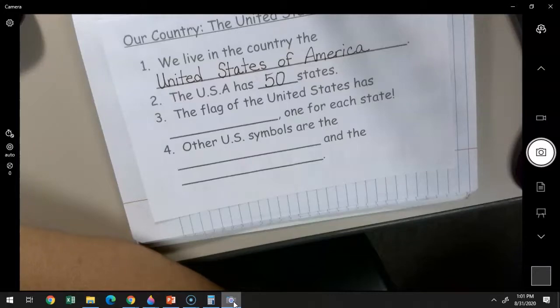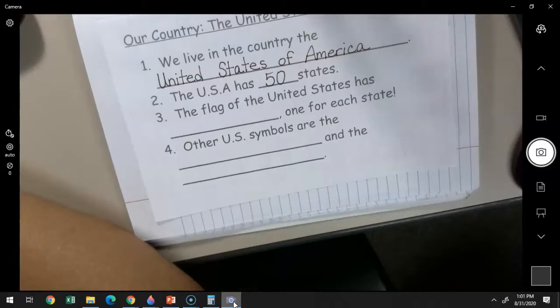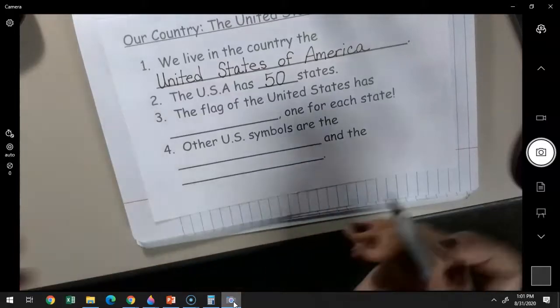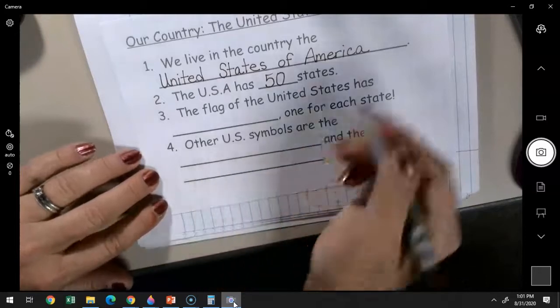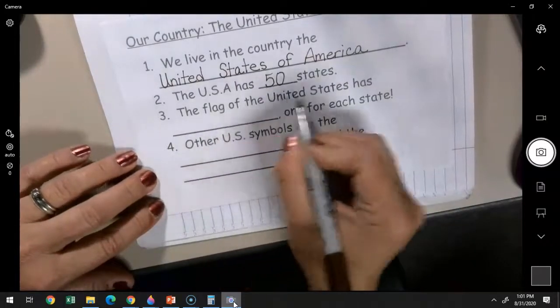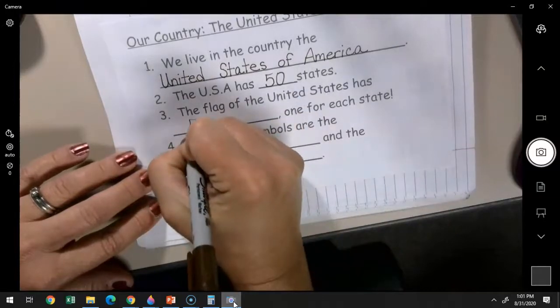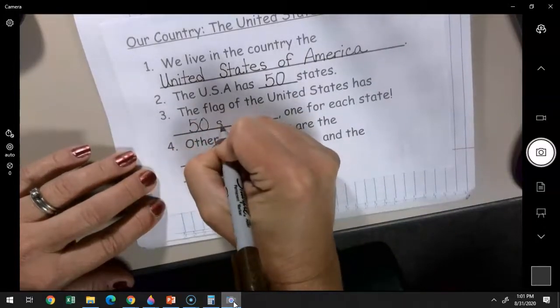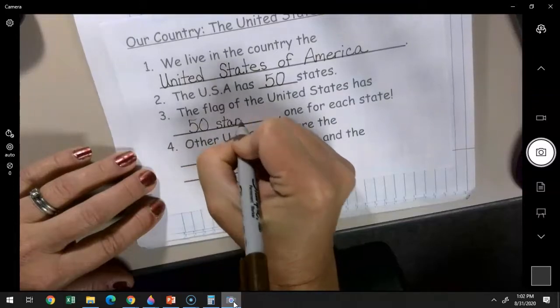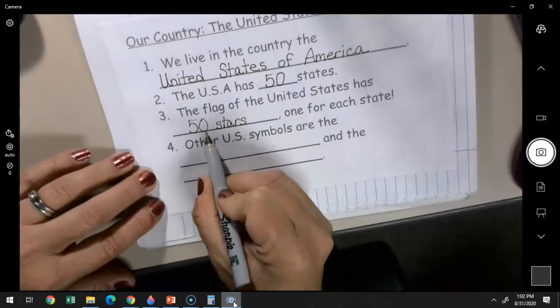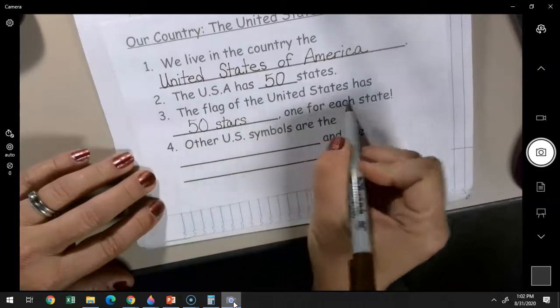So let's think of our flag. Our flag has some stripes, and it has some stars, and it has the colors red, white, and blue on them. And one of those things represents the states. Well, boys and girls, the thing that represents the states are stars. So in here it says the flag of the United States has 50 stars. So in here you're going to write 50 stars, one for each state.